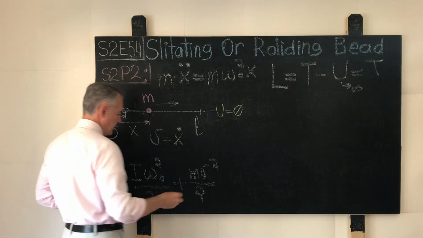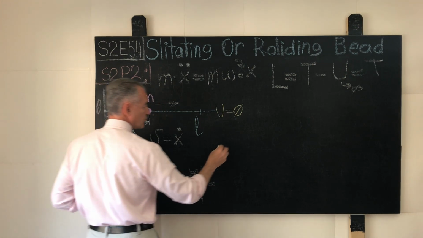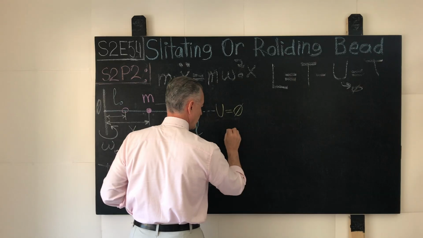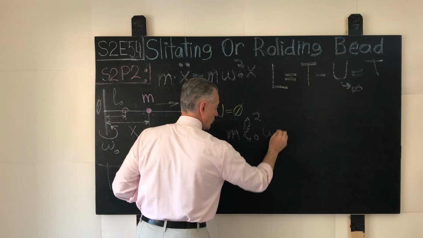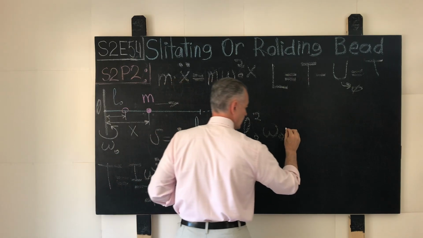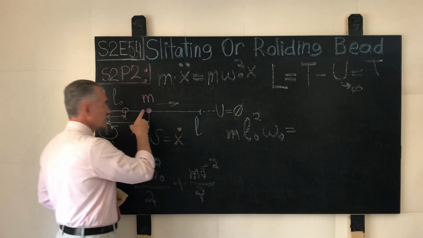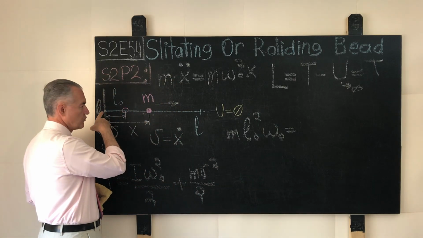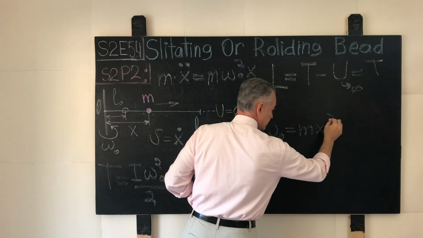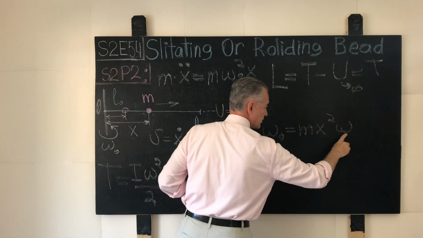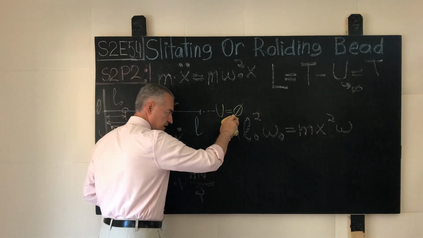In this case, the angular momentum of our bead initially will be m L squared 0 omega 0, and if it were to be conserved, then at a distance x from the vertical axis of rotation, what will it be? m x squared times omega, and the question here is which omega? Look at this. The mass of the bead remains constant at all times.